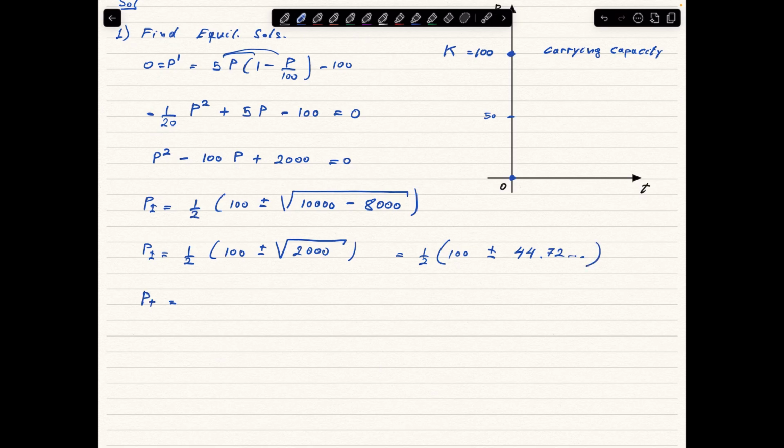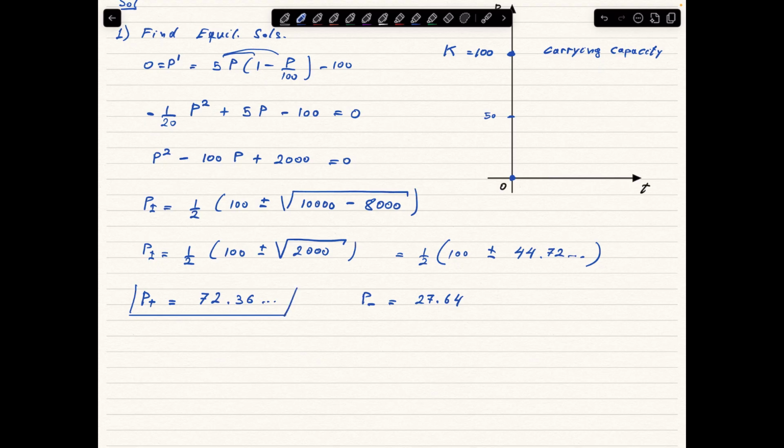The p plus, when we add up and divide by 2, is going to be something like 72.36, again if I did it correctly. And the p minus, when we subtract the two numbers and divide by 2, is going to be 27.64, whatever.